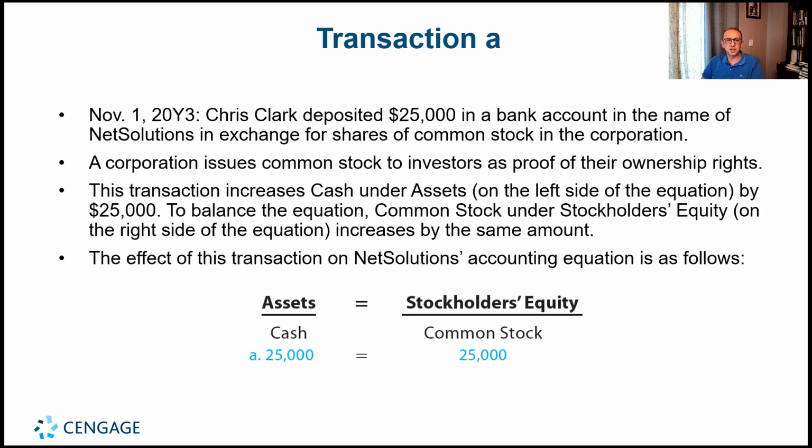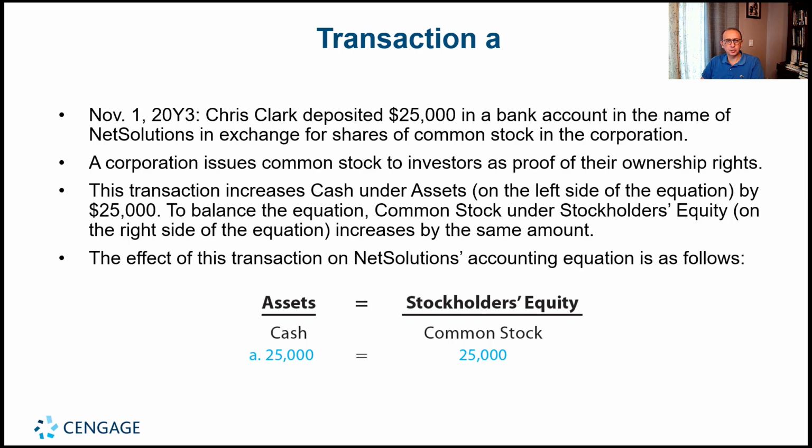So let's see transaction A here, which gives us an idea of a starting point for many businesses. On November 1st of year 3, Chris Clark deposited $25,000 in a bank account in the name of Net Solutions in exchange for shares of common stock in the corporation.